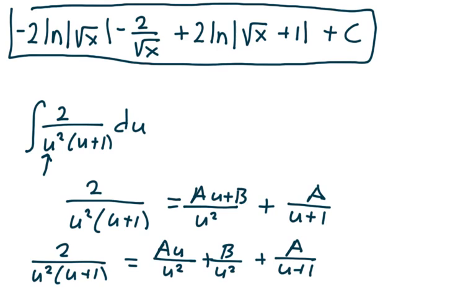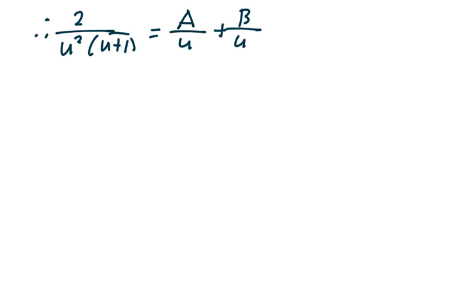And so therefore, 2 over u squared times u plus 1 is a over u plus b over u squared plus c over u plus 1. So basically, you can do that generally speaking.